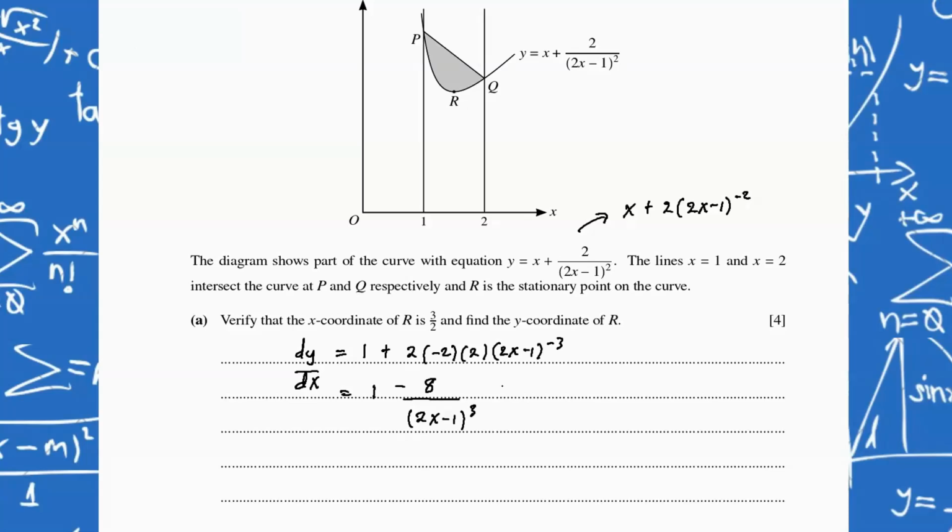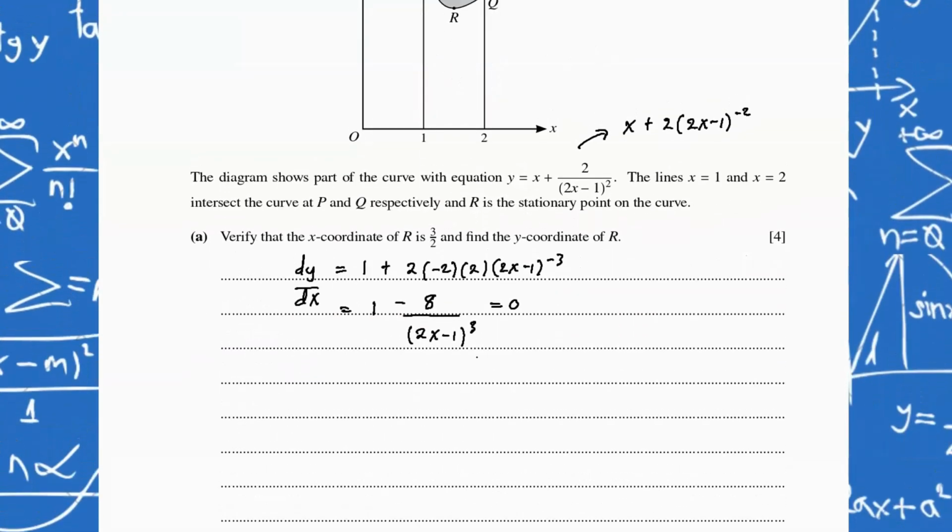So now we know that at the stationary point, dy by dx is equal to 0. So basically we'll be having 8 over (2x minus 1) to the power 3 being equal to 1. So (2x minus 1) to the power of 3 is equal to 8.